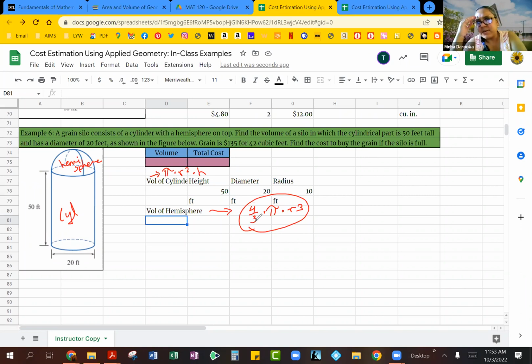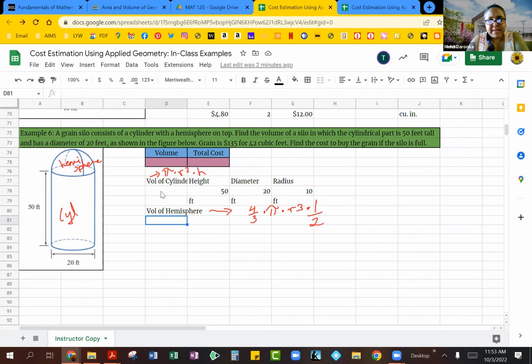Because that's for the entire sphere, right? Terry, yeah, very nice. Since this is for the entire sphere and we're only looking at half of it, remember you've got to divide this by 2. Yeah, very nice, Sabrina. So that would be your volume for the hemisphere.